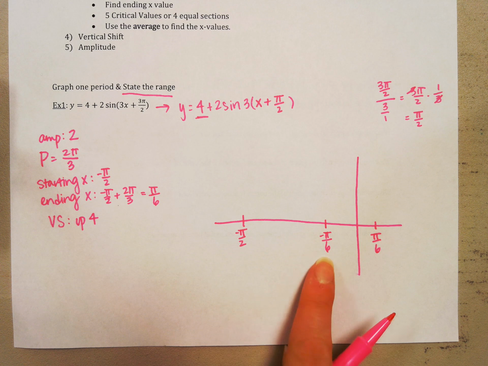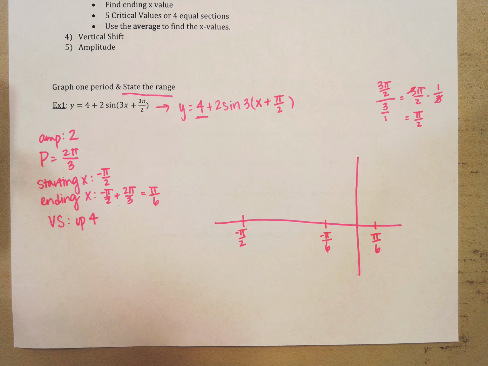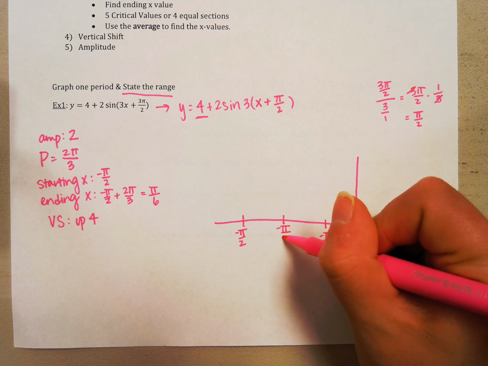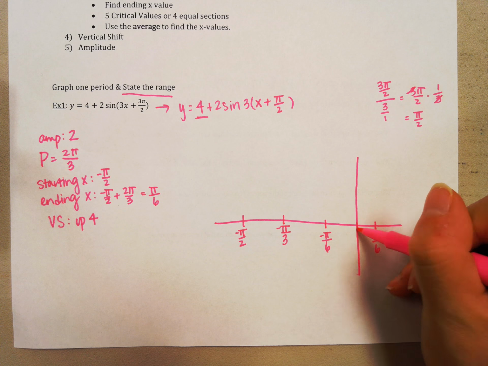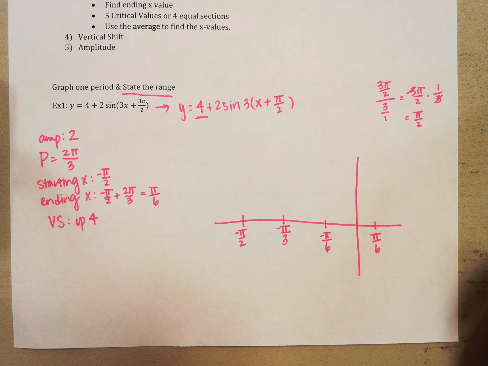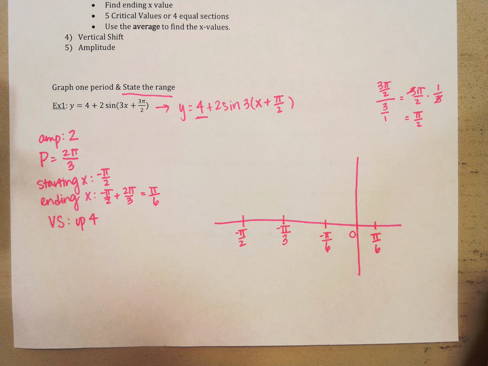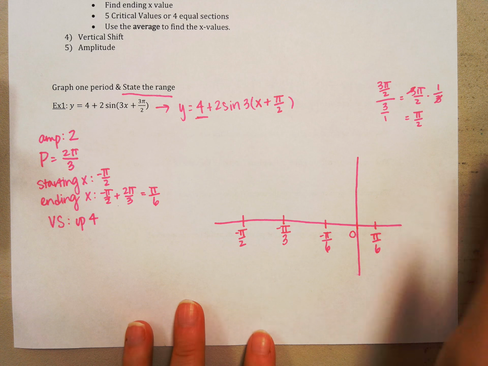If we average these two, I'll have negative 1/2 plus negative 1/6 divided by 2. Find the fraction, you should get negative 1/3, so that'll be negative pi over 3. And if I average these two, negative 1/6 plus positive 1/6 is 0. 0 divided by 2 is still just 0. So those are our 5 critical values of our function this time of sine x.